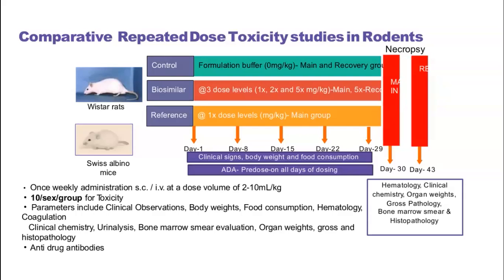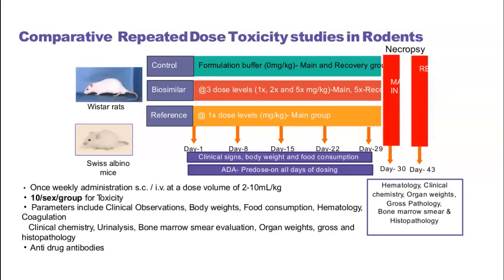Suppose you take therapeutic proteins, for example filgrastim, pegfilgrastim, even darbepoetin. For these molecules, the relevant species is rodents, as the receptors are expressed in rodents. So we can select one rodent species to conduct the repeated dose tox study.